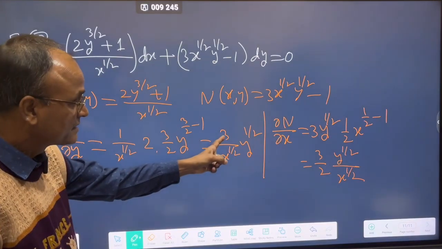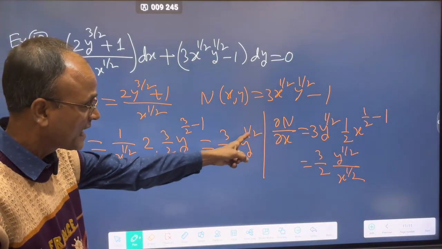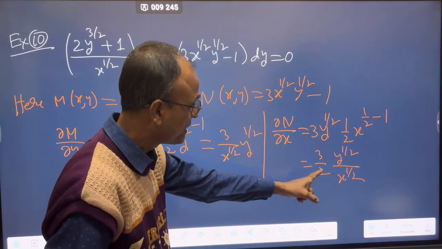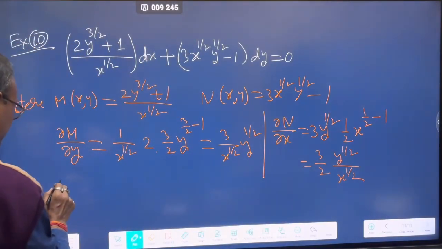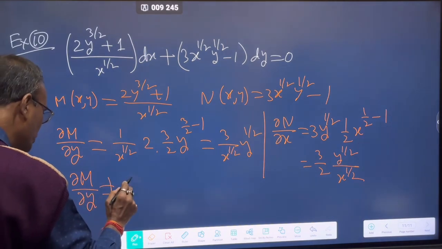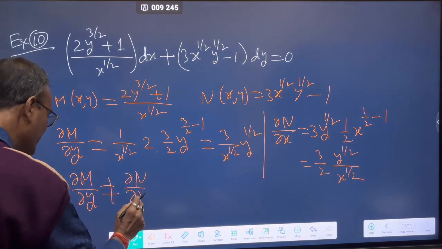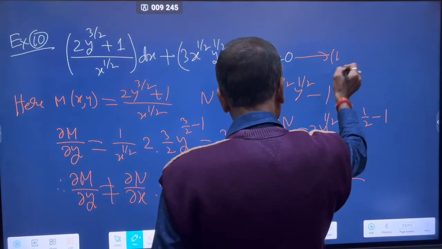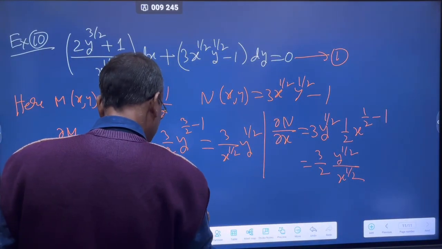You see here, 3 y to the power half by x to the power half, here it is 3 by 2. Therefore, del m by del y is not equal to del n by del x. Therefore, suppose this is 1. 1 is not exact.